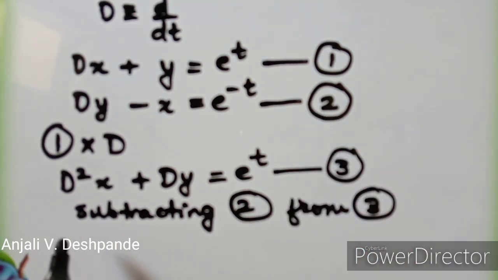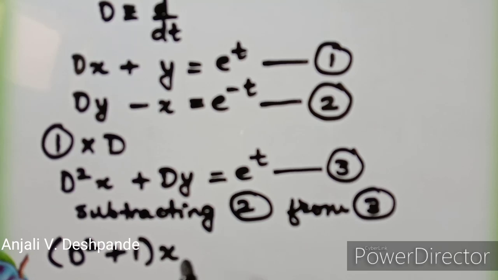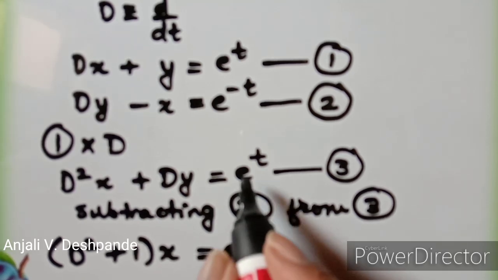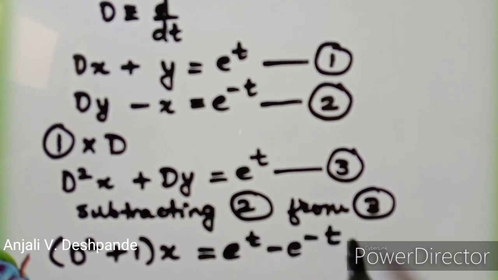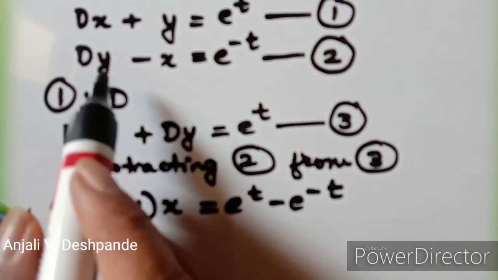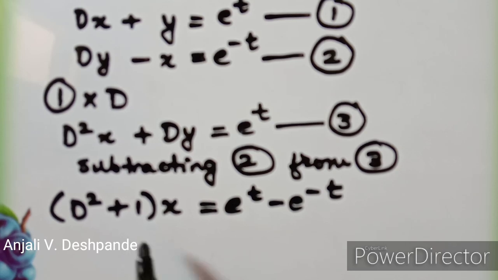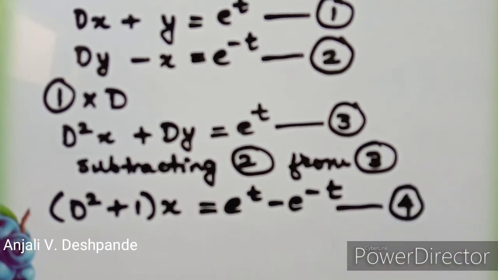So what this will give us is D square plus 1 into x is equal to e raised to t minus e raised to minus t. So you are advised to do this subtraction, 3 minus 2, and this will give you this equation, which I am now going to call equation 4.